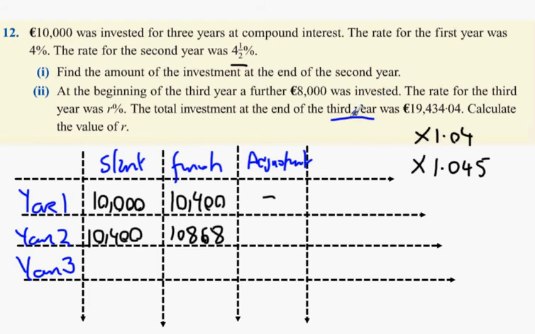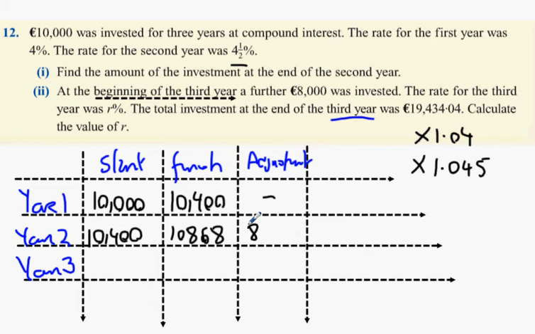Now, technically speaking, the beginning of the third year and the end of the second year, you're talking December 31st, 2012 compared to January 1st, 2013. They're basically the same time. So the adjustment can come at the start of the year or the end of the year. So we're just going to do the adjustment now.